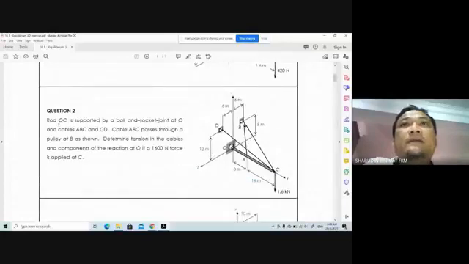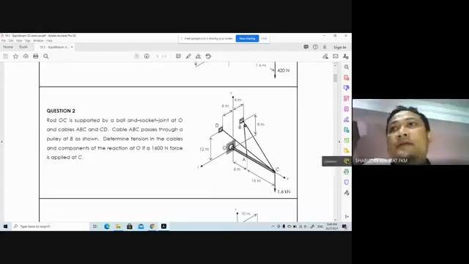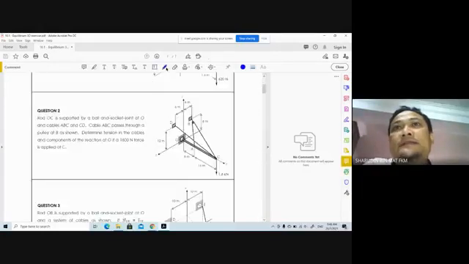Rod OC is supported by ball and socket at O. If you say ball and socket at O, how many forces at O? 3. Very good.